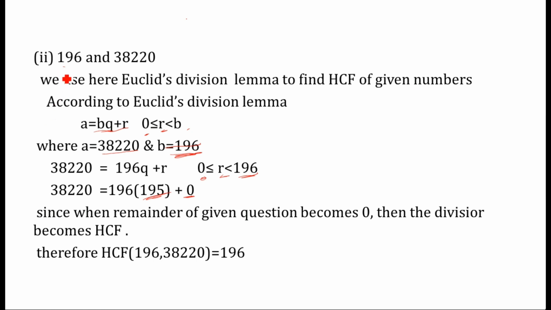The numbers look big, but in one step we solve this question and we get the remainder as 0. Therefore, the HCF of 38,220 and 196 is 196 only.